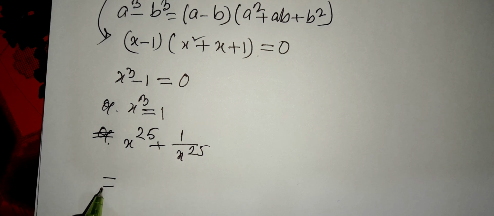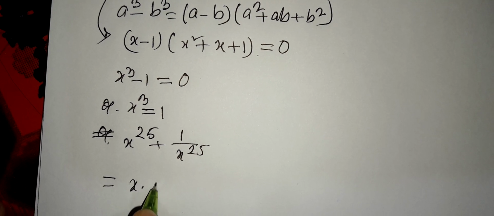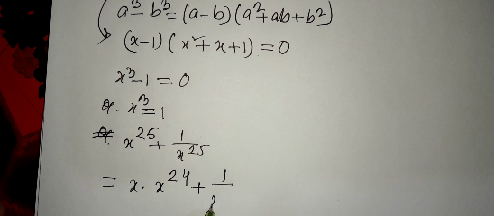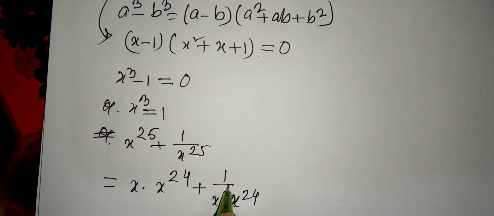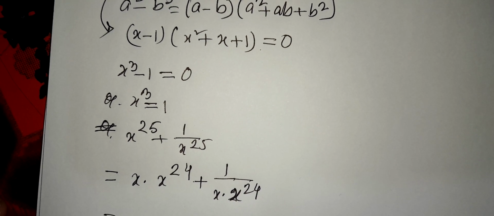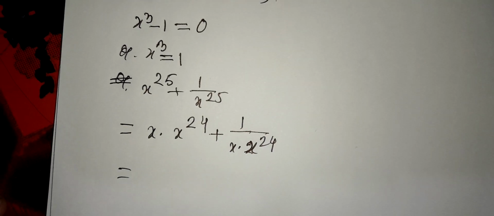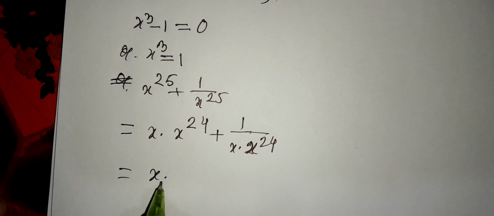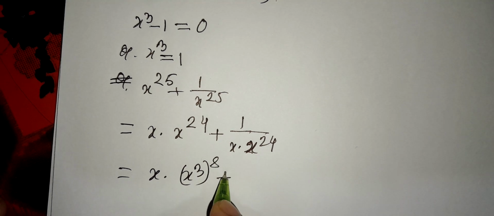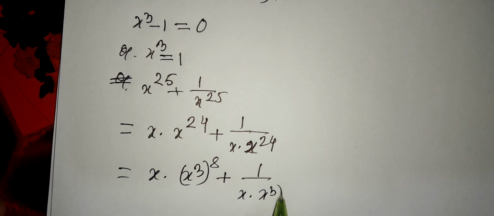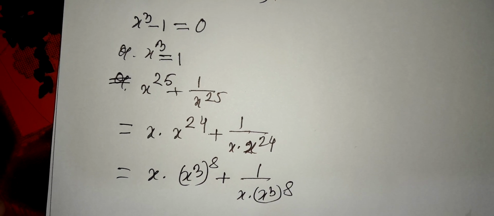We can write x into x to the power 24 plus 1 by x into x to the power 24. Then we write x into x cube all to the power 8 plus 1 by x into x cube all to the power 8.